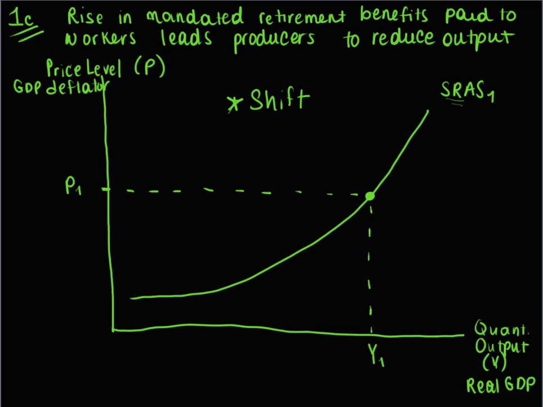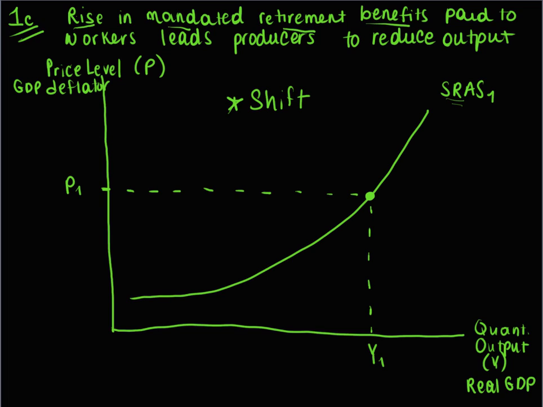When you have a rise in mandated retirement benefits to workers, that essentially can be treated as an increase in their wage. So you can imagine maybe that the government steps in and says, look, producers, you need to increase the amount by which you give your workers retirement benefits.